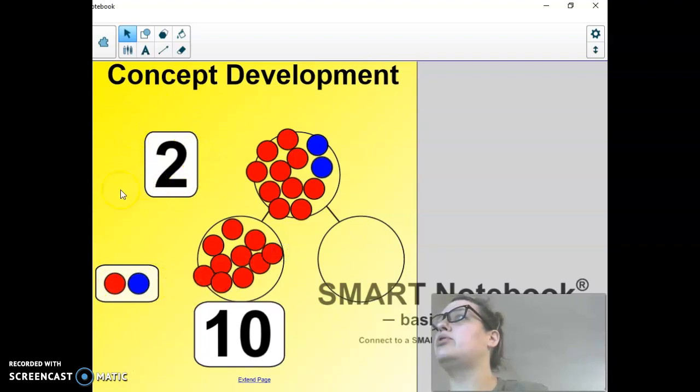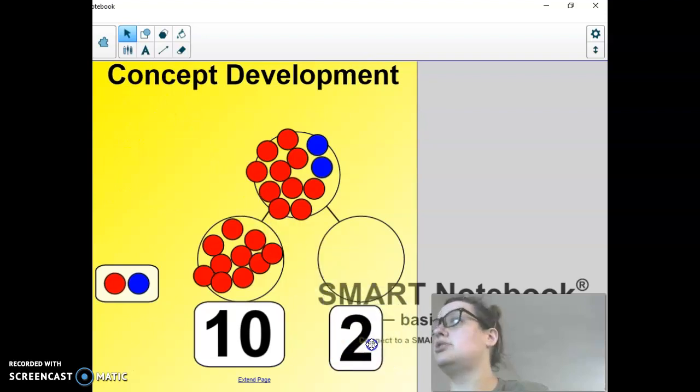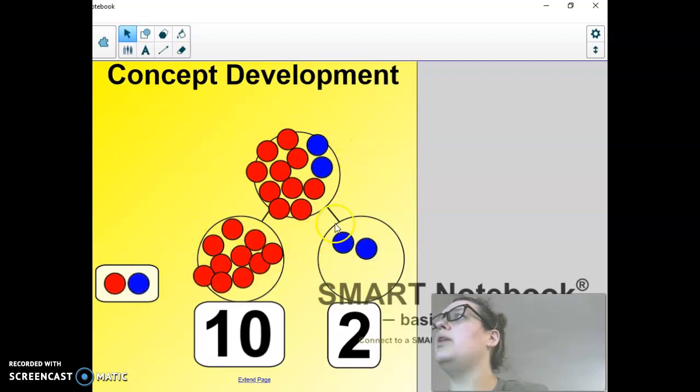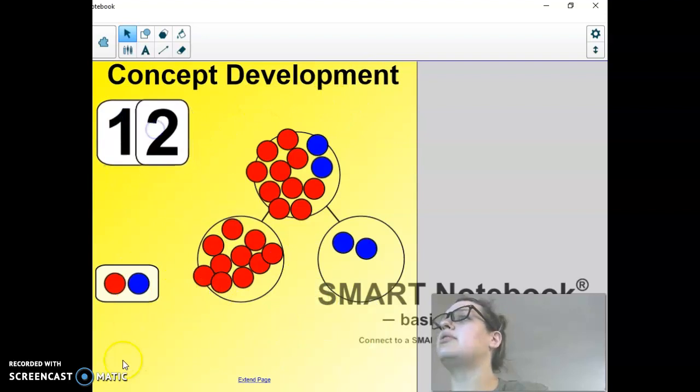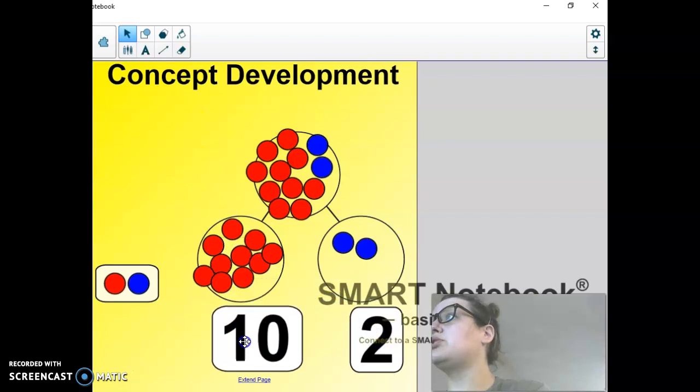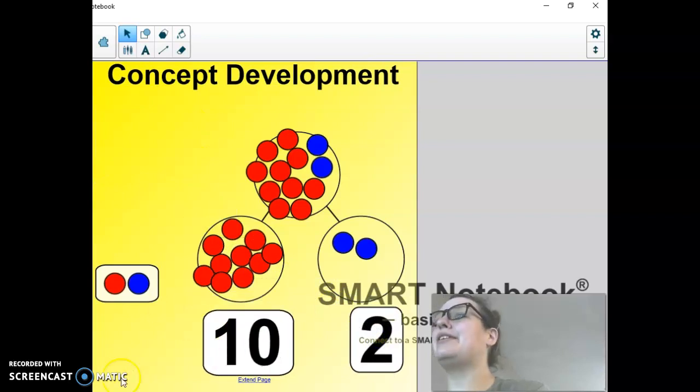What do I have left over? Just 2. Very good. 1, 2. What is this number when the 0 is hidden? Very good. When the 0 is hidden, it makes 12, which is really 1 ten and 2 ones, which we showed right here. Very good.